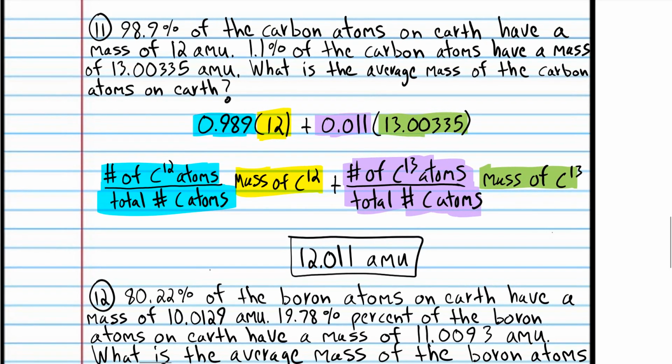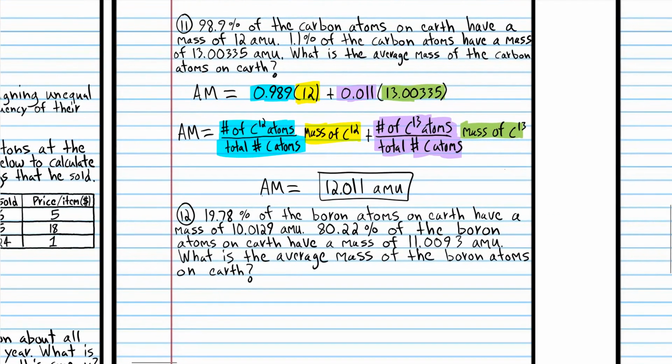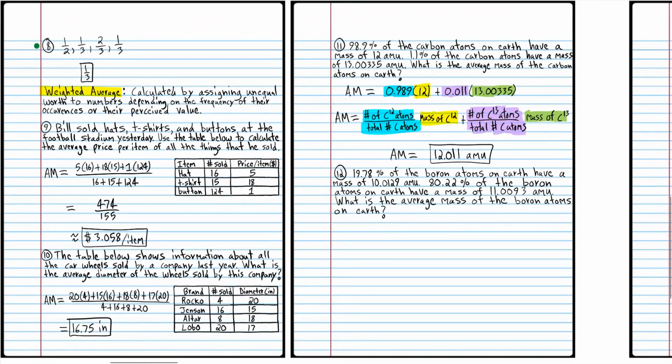But we're using percentages, and it's considered a weighted average because of the numbers that were given. So I want you to try number 12, and when you come back, we'll do it together. Number 12 is going to be pretty much exactly the same type of problem, and you don't have to write all of this stuff here. You can just do this calculation and you'll be done. When you come back, we'll do it together.